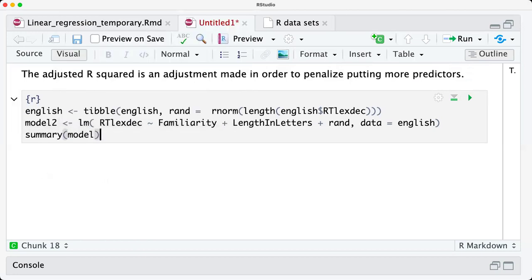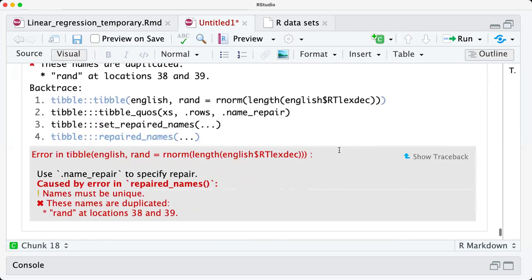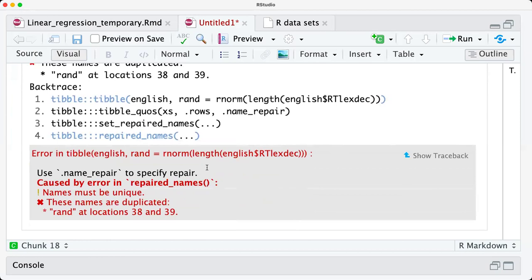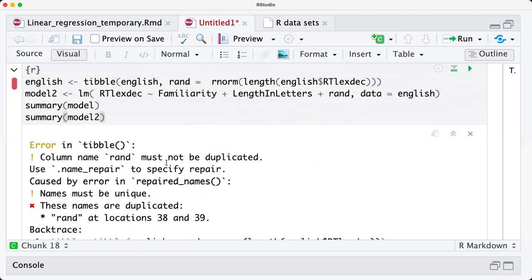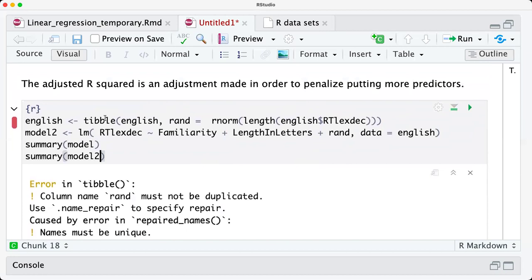The wrong model... in table. Okay, since I'm using English as a data frame, probably I'm adding a column rand every time.